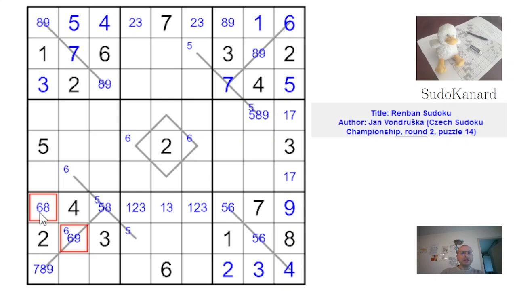Not sure what 6 could do there, what 6 could achieve. What can go here? Wait. I'm missing something there.